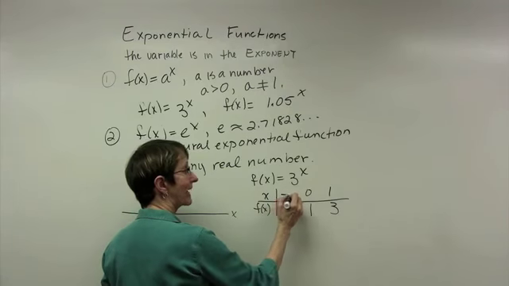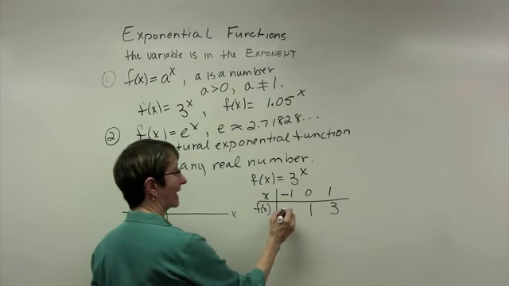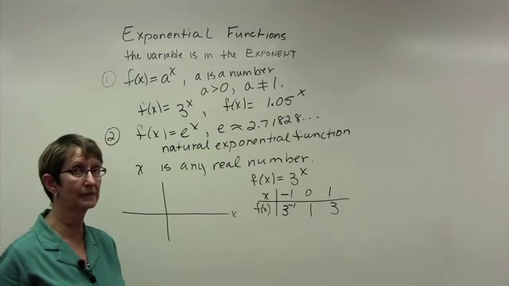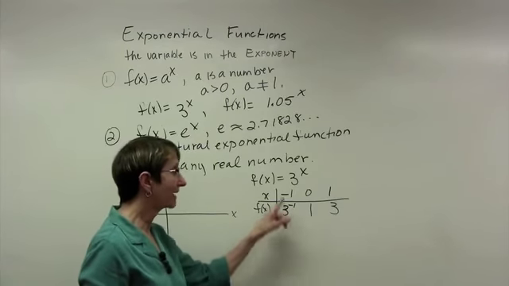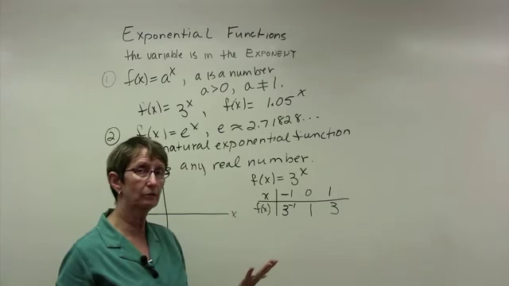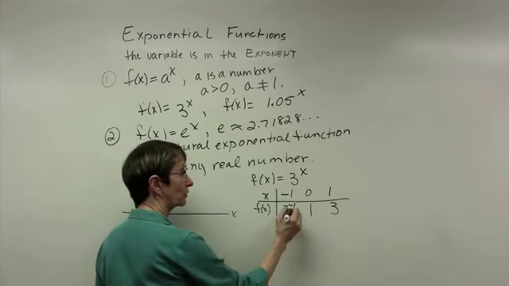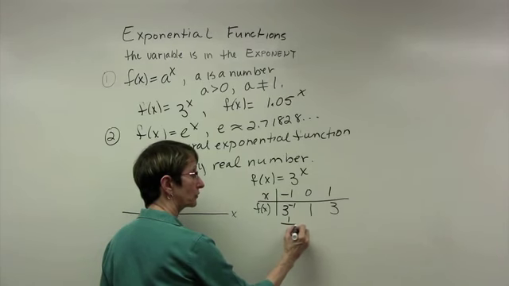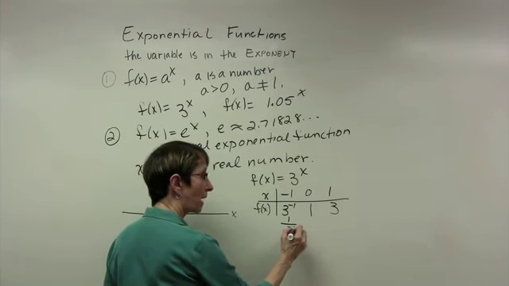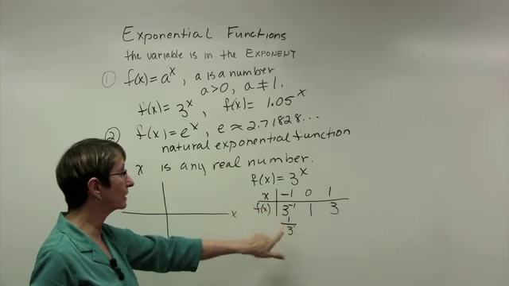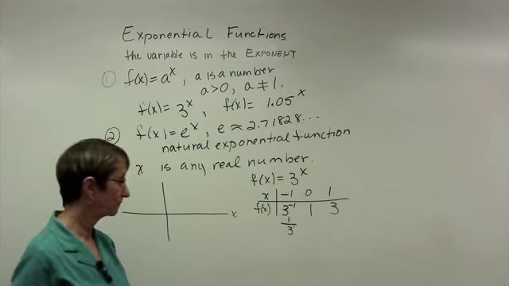How about if x is negative 1? If x is negative 1, I have 3 to the negative 1. Now here's where the properties of exponents come in handy. Right offhand, I couldn't think of what 3 to the negative 1 is. But if you have a negative exponent, you can rewrite that value as 1 over 3 to the positive value, 3 to the first. So 3 to the negative 1 is the same as 1/3.